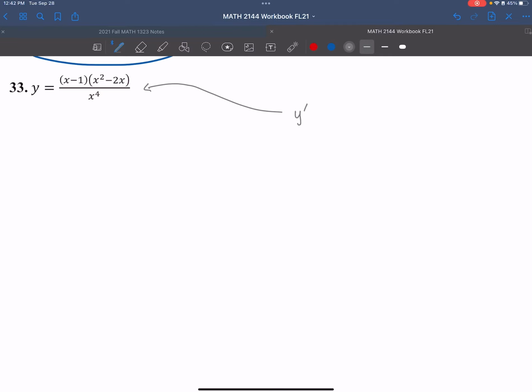If you use the quotient rule, what we would end up having to do is we would have x to the fourth. Don't bother writing this, I just want to show you something. So we would have the low squared, so low d high, so we would have then x to the fourth. But then realize what we would have to do is x to the minus 1 times x squared minus 2x.